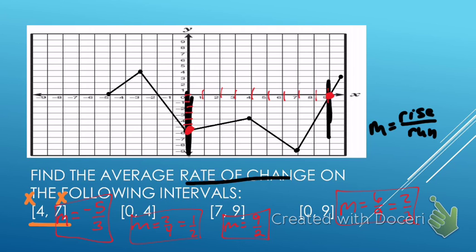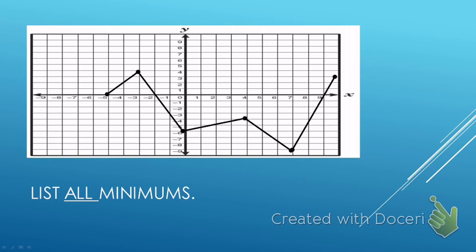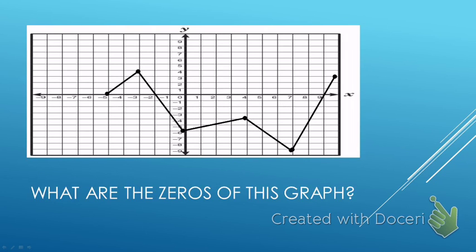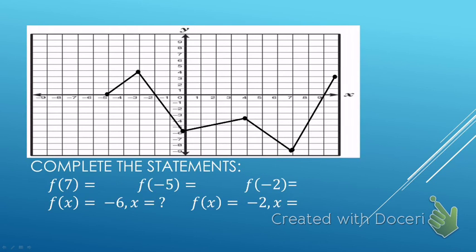So there's only a little bit I really want to look at from this point on. Okay, complete the statements. We have f of 7 is equal to what? This goes along with the function notation we mentioned back at the beginning. If we have some coordinate, f of x is equal to y.